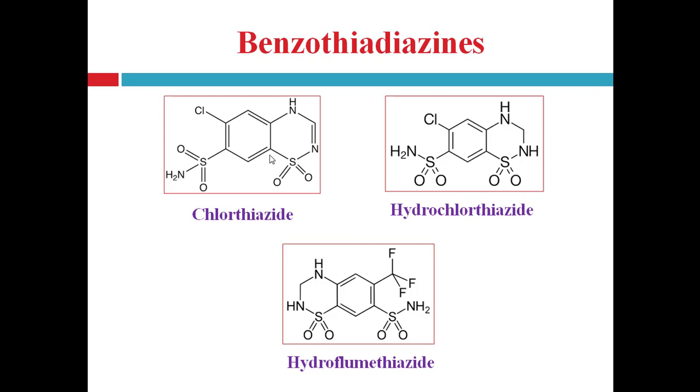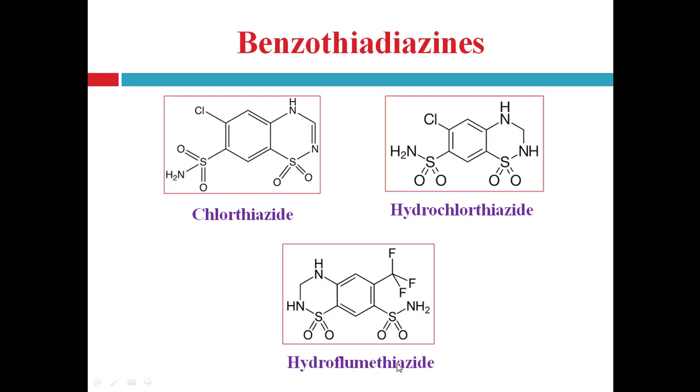Hydrochlorothiazide is similar to chlorothiazide. One difference is that in chlorothiazide a double bond nitrogen is present, and in hydrochlorothiazide hydrogenation occurs. Here the double bond is broken and a hydrogen atom is added to this nitrogen as well as to this carbon atom, right? So that's why it is known as hydrochlorothiazide.